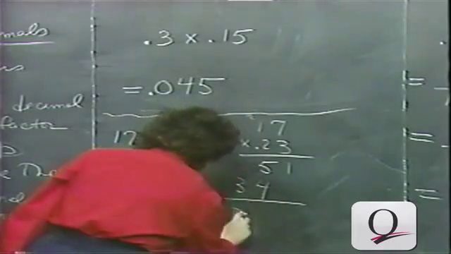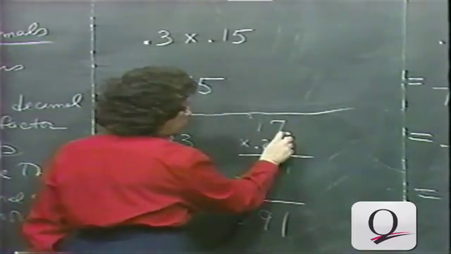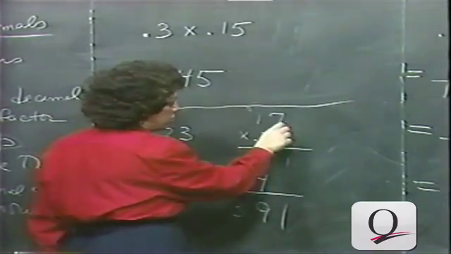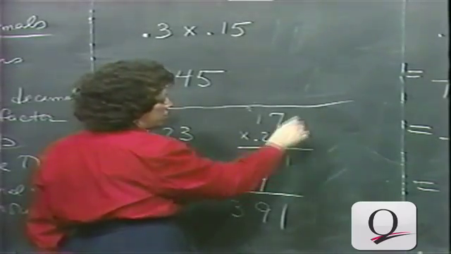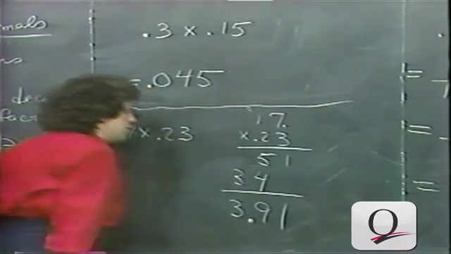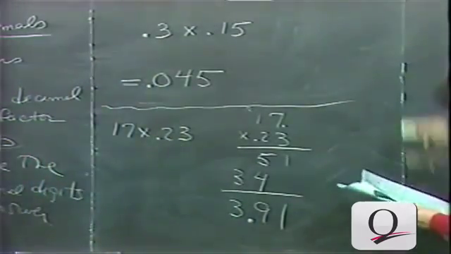That's 391. And now, 17 is really 17 point. The number of decimal digits is the number of digits to the right of the decimal point. There are none here. There are 2 here. 0 plus 2, so there'll be 2 in the answer. So the answer is 3.91, or 3 and 91 hundredths.